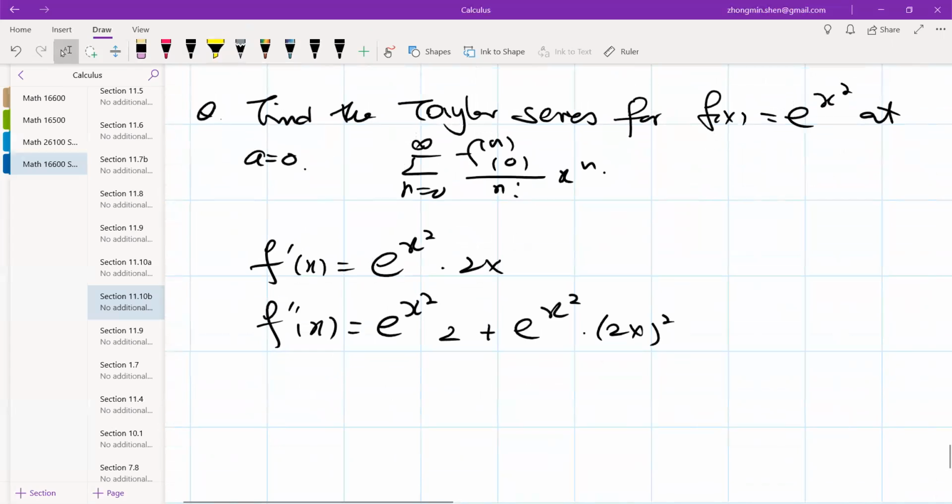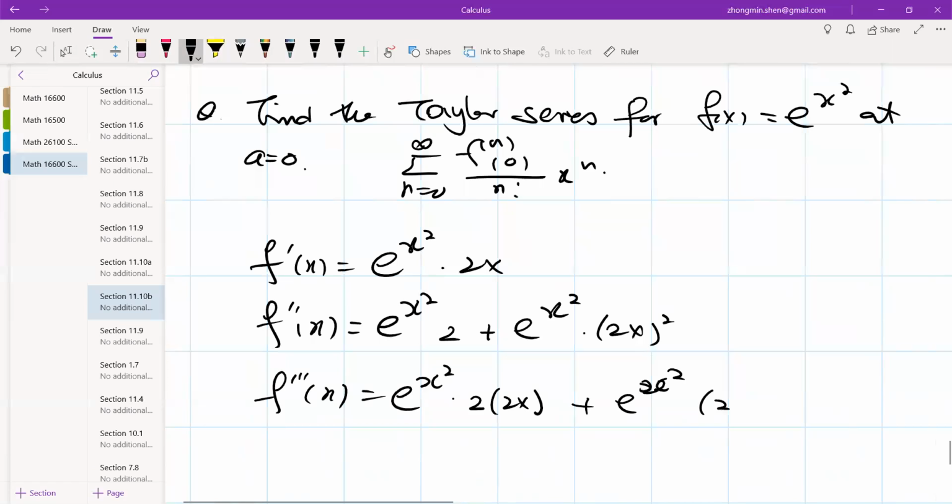I think it's not easy to figure out. And if you look at the third derivative, e to the x squared, then 2 here, and 2x, right? Then you find e to the x squared and 2x gives (2x) cubed. Then you have e to the x squared again.